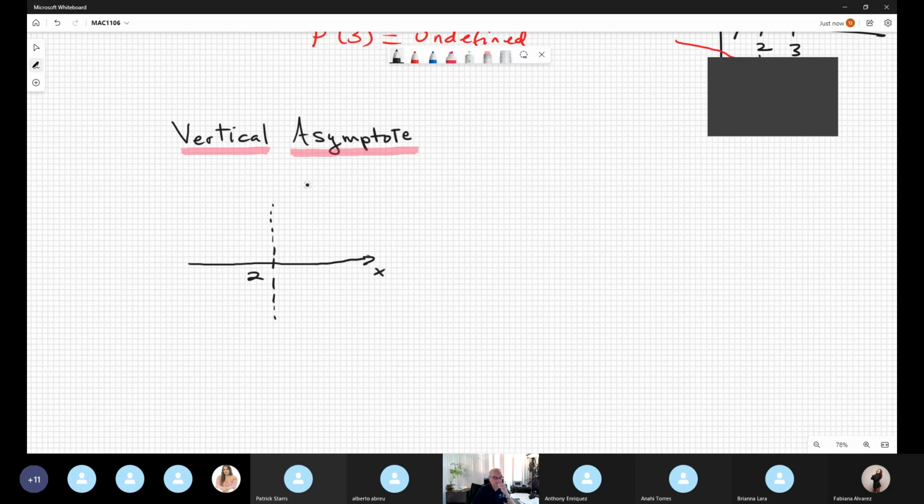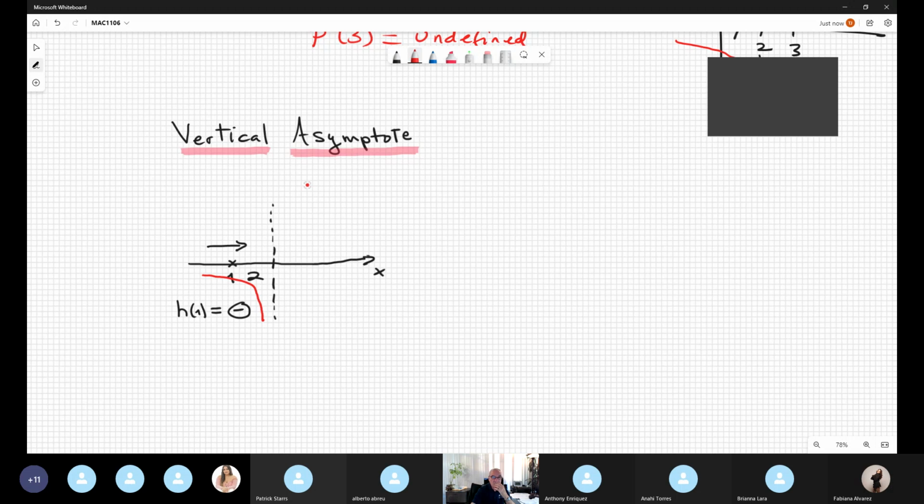When you approach it to the left, it's easy, because you pick one value less than 2, for example 1 or 0, and you evaluate the function there. Suppose the value is negative. That means our curve travels in that direction, negative.